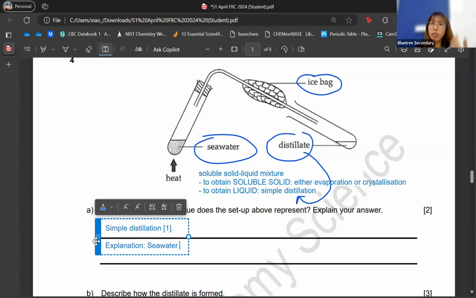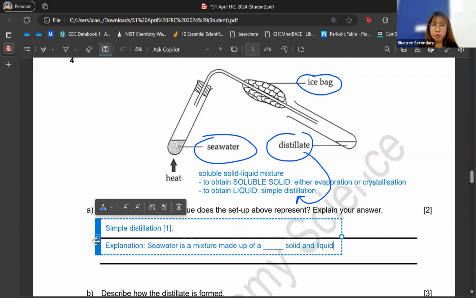What I've obtained as knowledge from seawater is that seawater is a mixture made up of a soluble solid and a liquid. This blank would be your keyword of soluble.